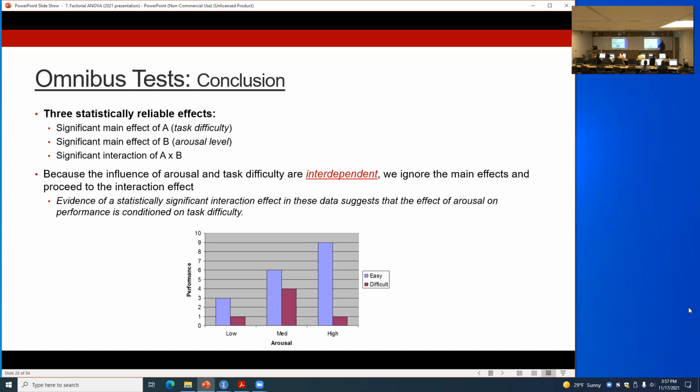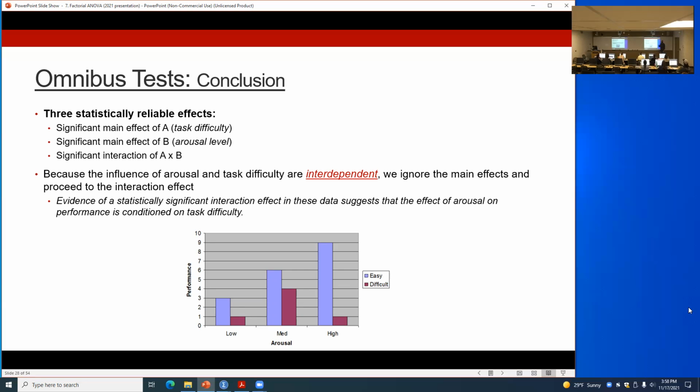Okay, so overall, if I'm collapsing across it, I'm saying people are performing lower at more difficult tasks, right? So that makes some sense. But what's the specific effect of arousal level at high task difficulty? Yeah, if you're under aroused.